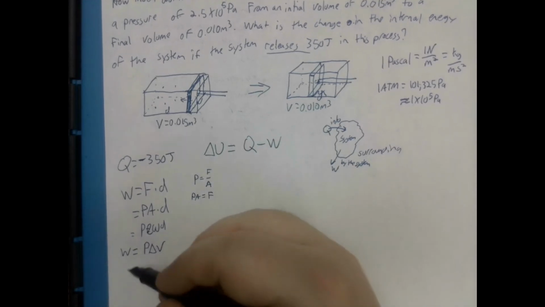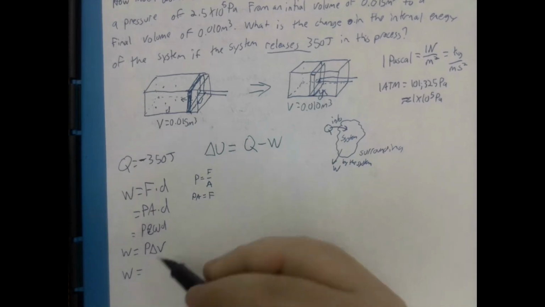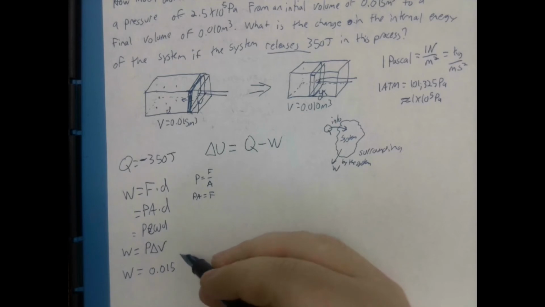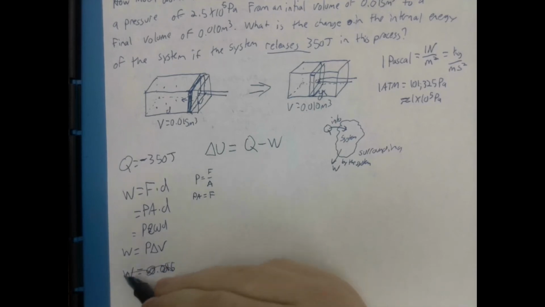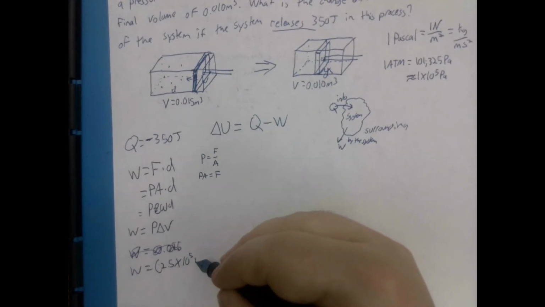So we can calculate work. Work would simply be pressure times change in volume. Our pressure is 2.5 times 10 to the 5 Pascal.